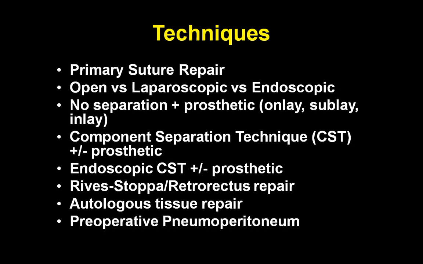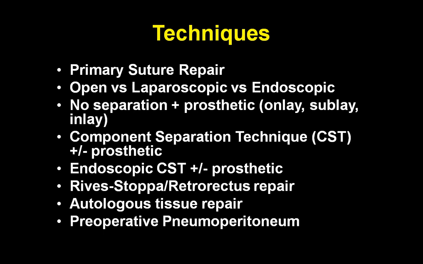Now, the last thing, the component separation technique, is usually used for complex hernias where the defect is large, you have multiple defects, or there is loss of domain of the muscles and skin. In that case, you have to mobilize the whole muscle right from the subcostal region up to the pubis, and then place a full length mesh so that no recurrence occurs.